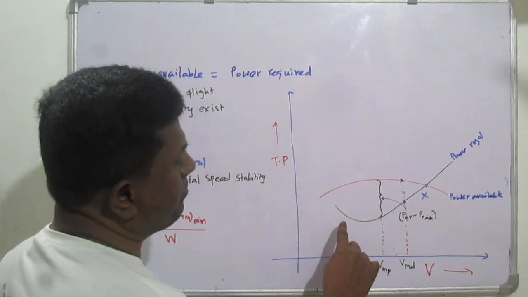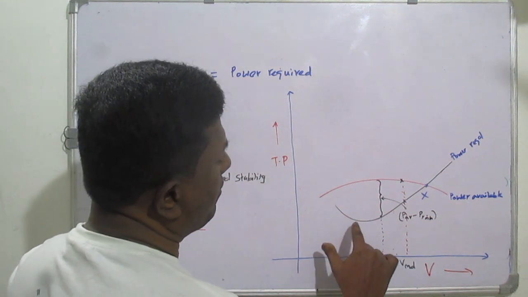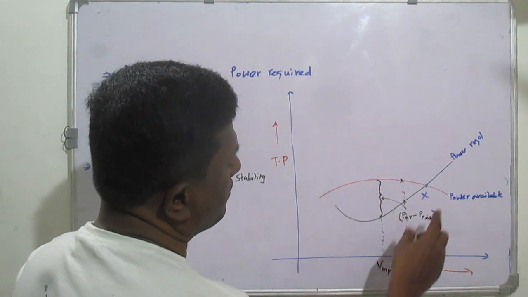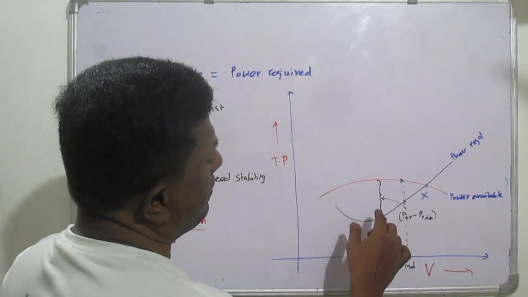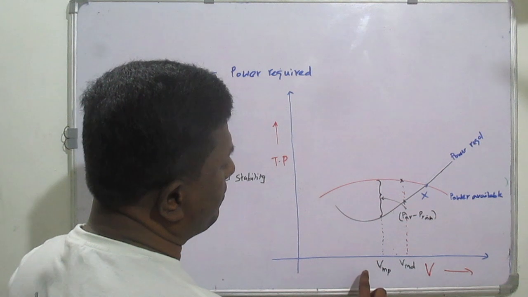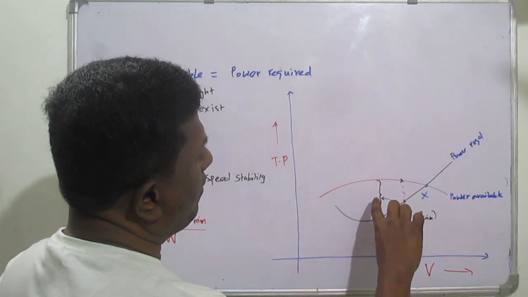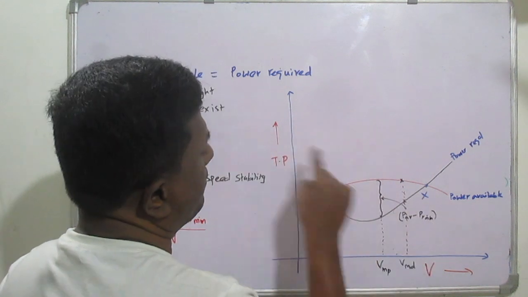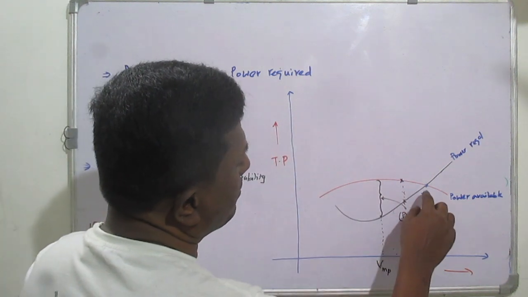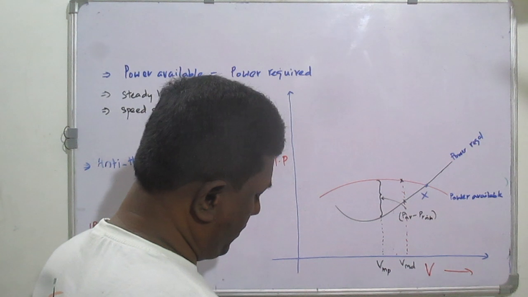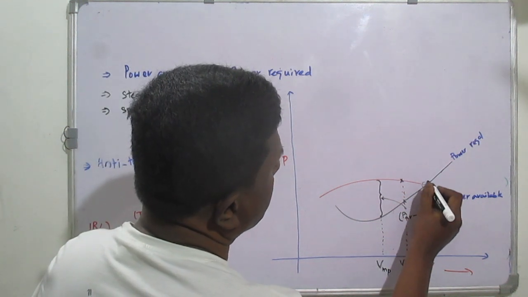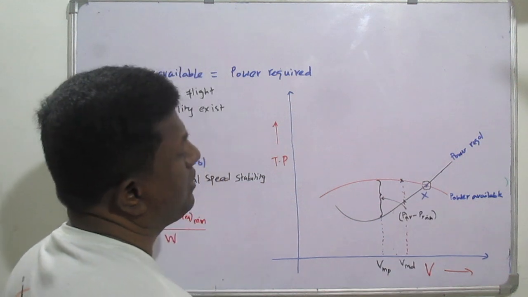In this graph, we can see how the power available and power required curves are drawn. We all know how we get the speed stability, because only at this particular point do we have the speed stability.